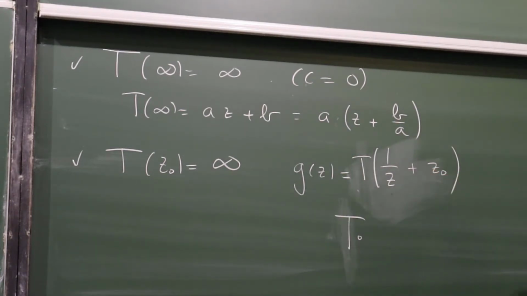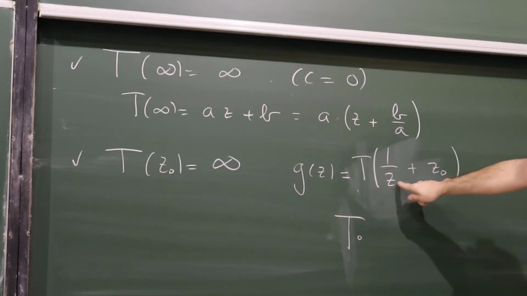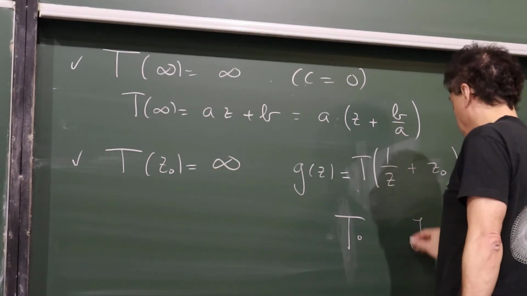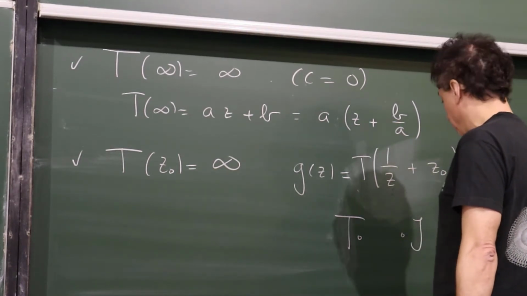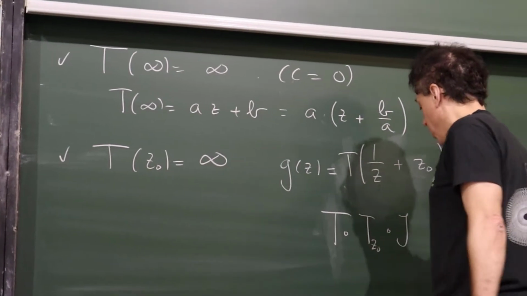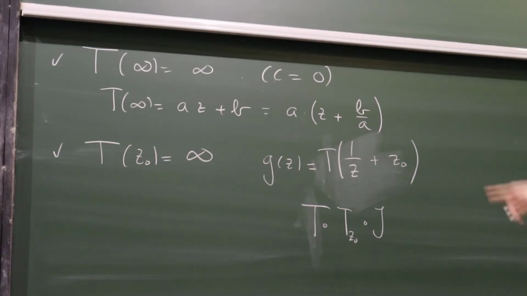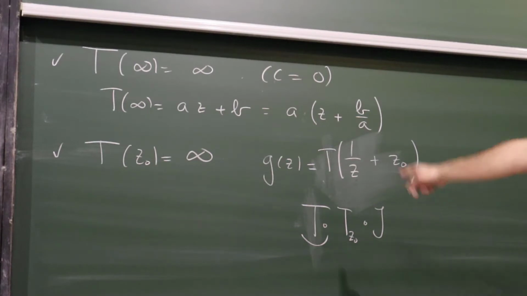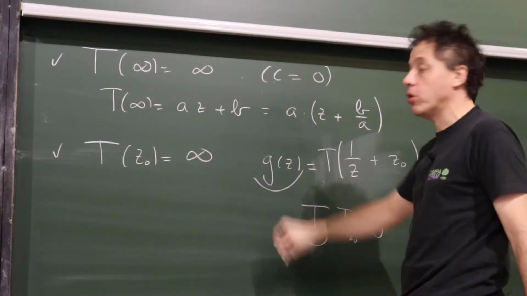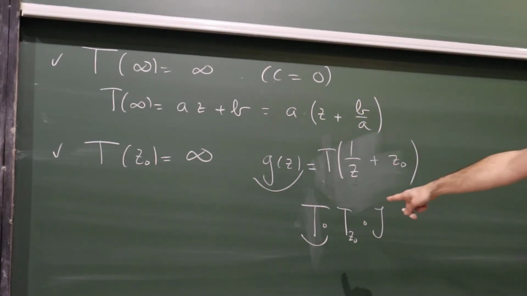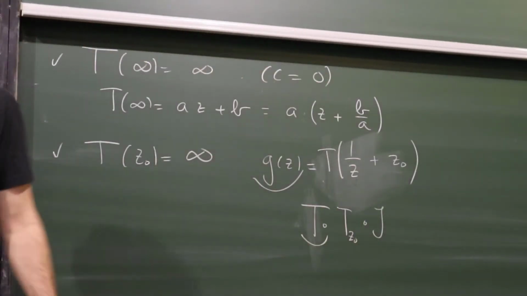This map T is composed with a map that is, first of all, an inversion, and after that a translation by the point Z0. So G can be written like this, and from here we can see that, as G is a composition of a couple of those simple Möbius transformations, T is also a composition.